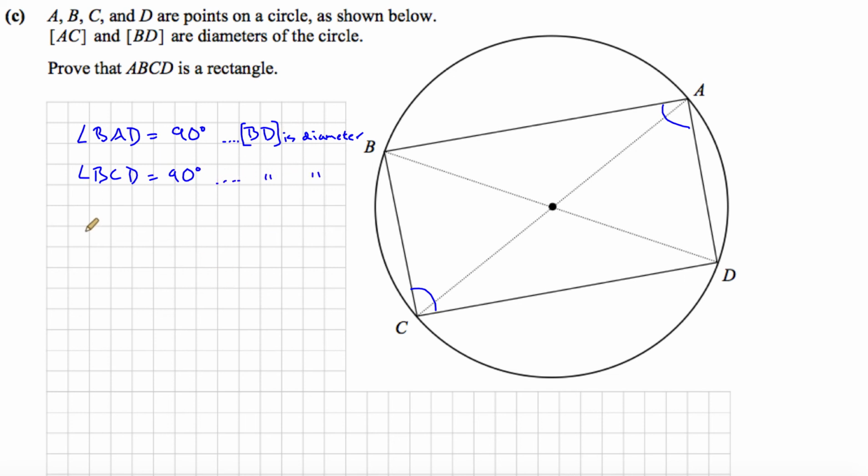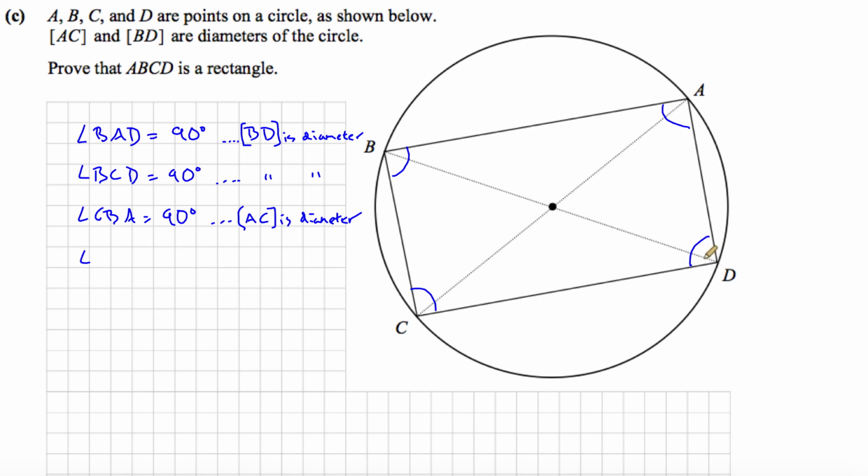BD is a diameter. Then if we look at the diameter AC, this one here, we can say that this angle here, which is CBA, is 90 degrees, this time because AC is a diameter. Again, this is given in the question. So this angle here also stands on the circle of the same diameter AC, so that's also 90 degrees.